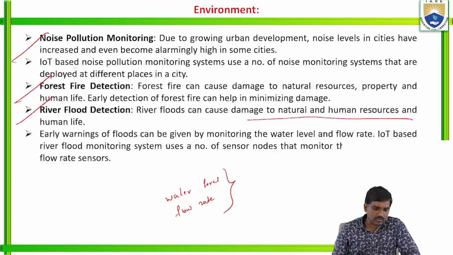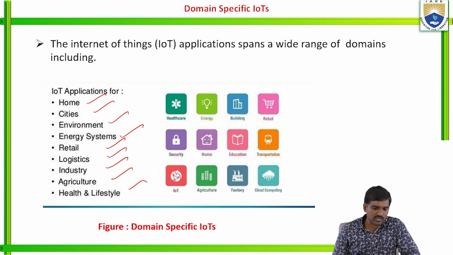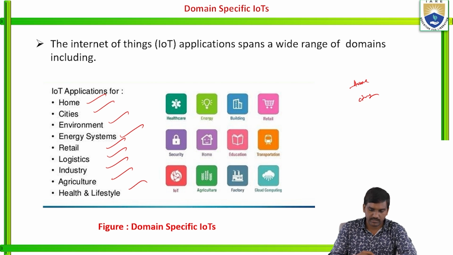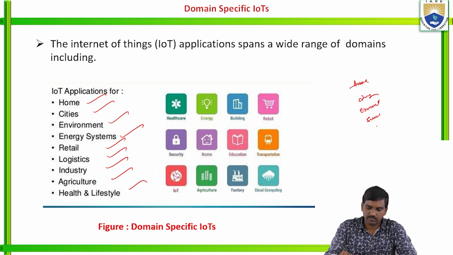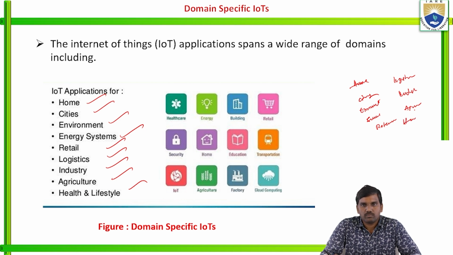Here we have nine types of domains, a wide range including home, cities, environment, energy system, retail, logistics, industry, agriculture, health, and lifestyle. So these are the different domains.